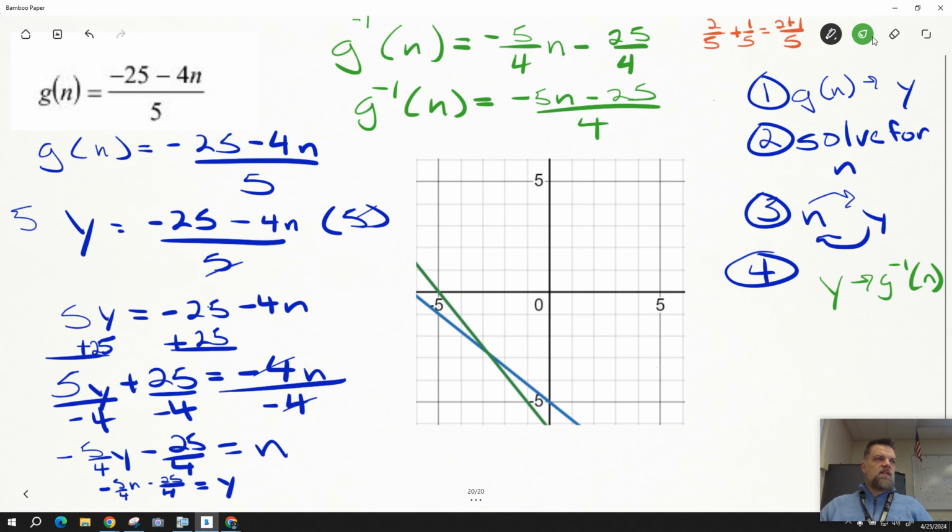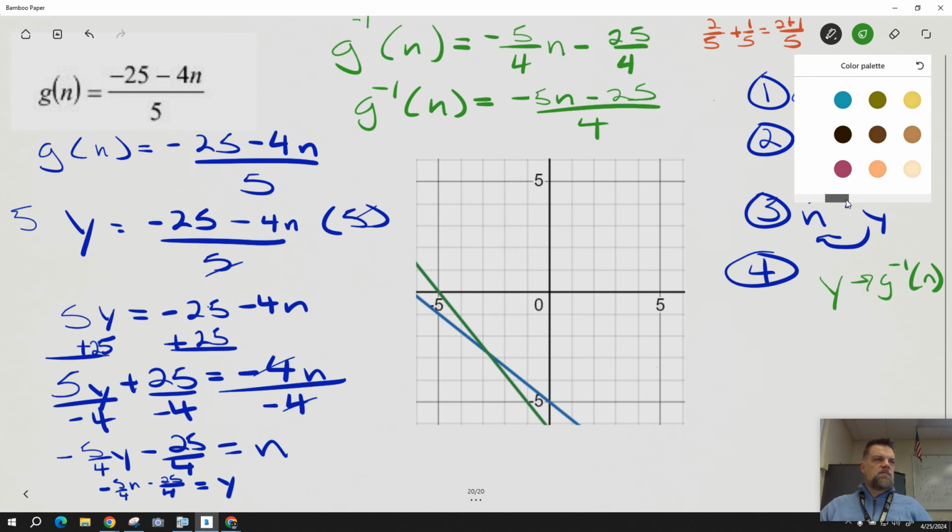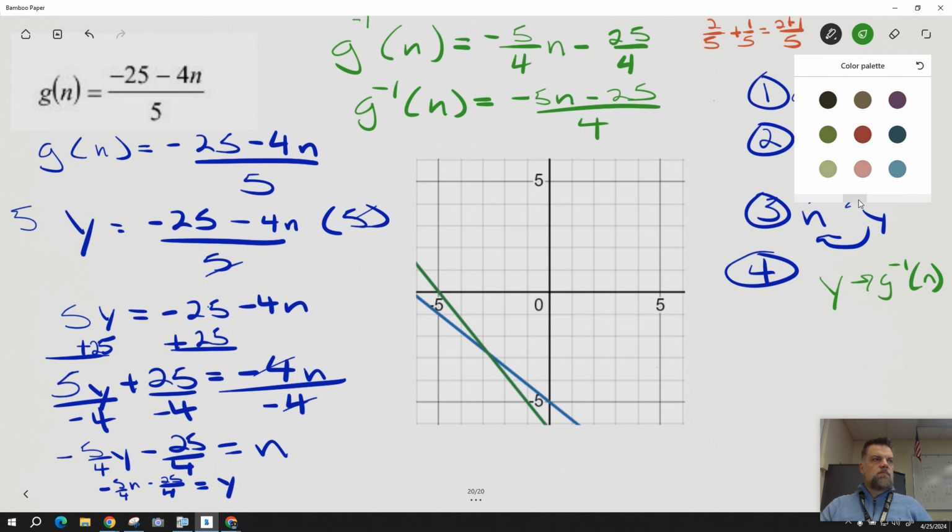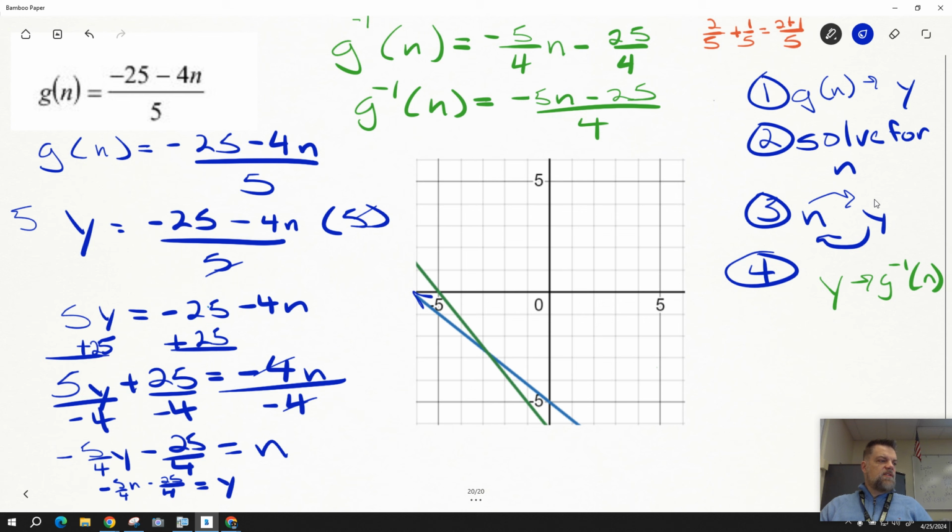So then, my little blue line is g of n, sorry.